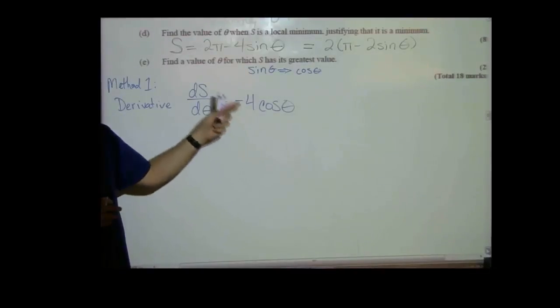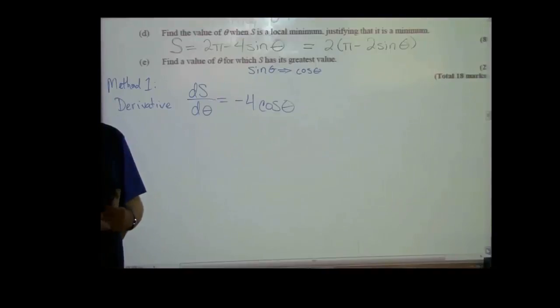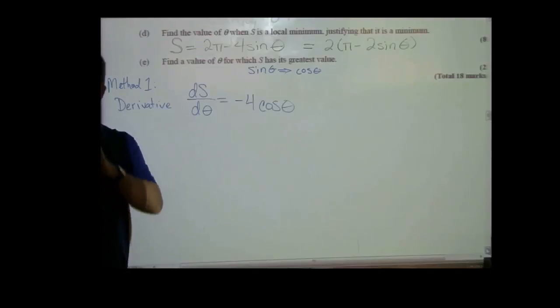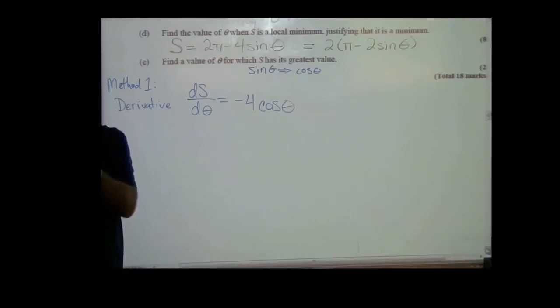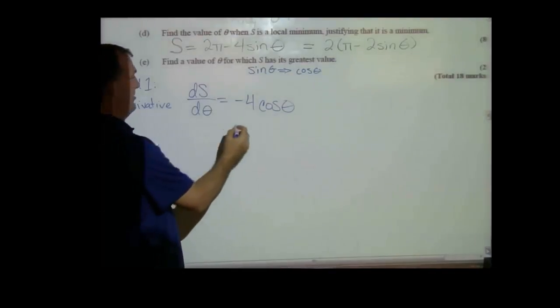So if we did the second derivative, we could, but what's in the middle? 0. The maximum or minimum is when the derivative is 0.